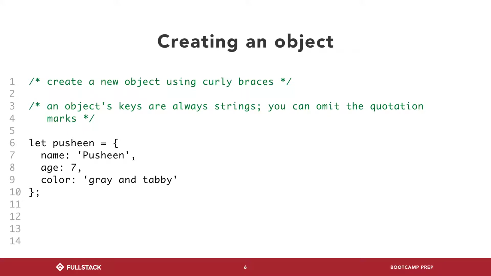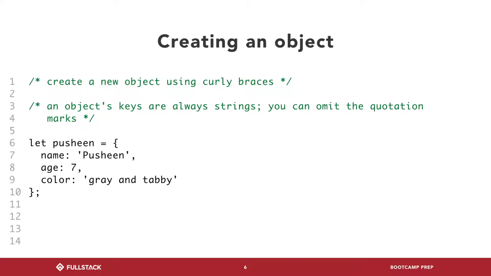Okay. Notice how I said before, all the keys are always strings. In fact, the fact that keys are always strings is such a tightly held concept that oftentimes when you create a key, you don't even have to put the quotation marks around it to denote it's a string. You could if you want to, but you don't have to.